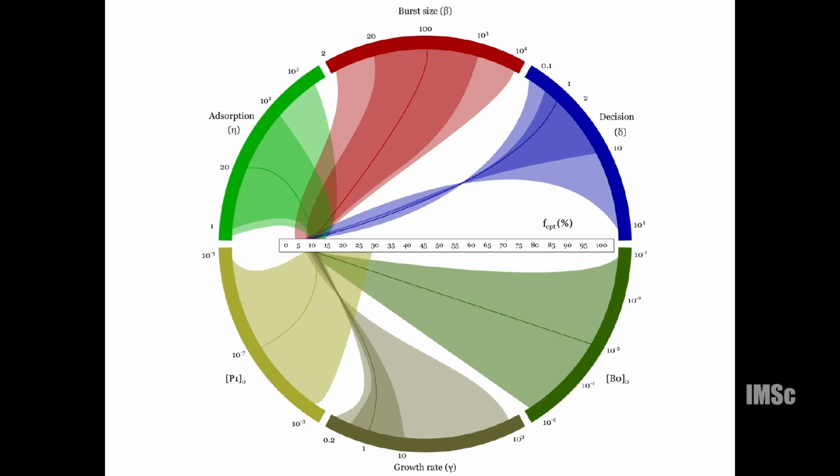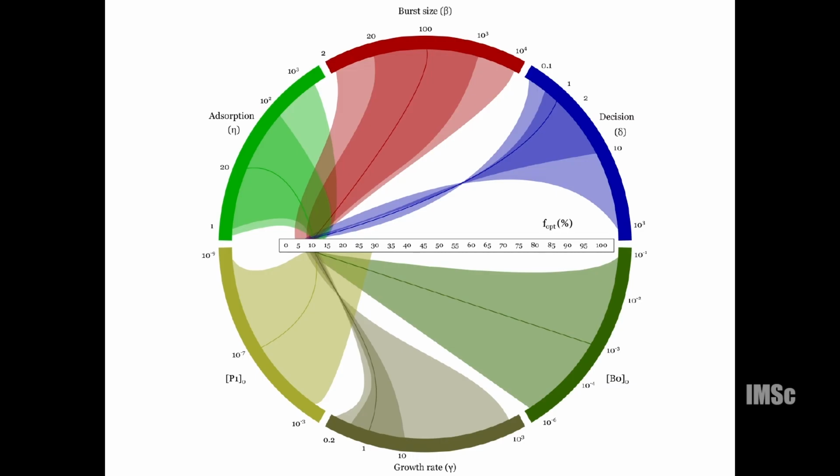We changed the burst size, the decision rate, the number of initial bacteria, the growth rate of bacteria, the number of initial viruses, the rate of infection. All of these we changed by many orders of magnitude, and it turns out that you are always in this range, very few. Only in the case where the number of initial viruses is very large do you sometimes get an optimal that goes up to about 30%, but actually you're stuck between 5 and 15%, which is exactly what we see.